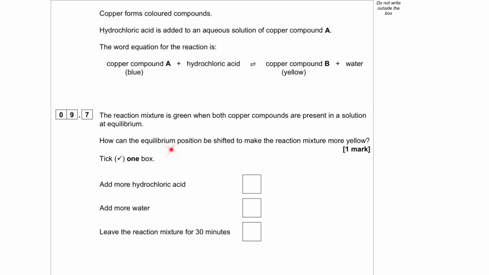How can the equilibrium position be shifted to make the reaction mixture more yellow? Tick one box. If you want to make this more yellow, you want to add more hydrochloric acid to it, hence to push the reaction forward. So if we increase hydrochloric acid, then the reaction will go forward, more yellow will be created. So we need to add more hydrochloric acid.